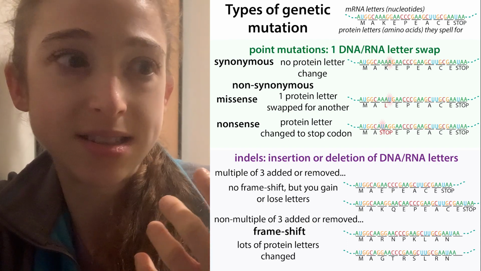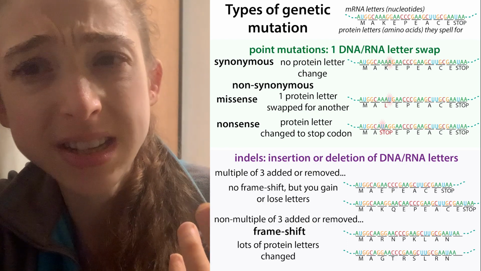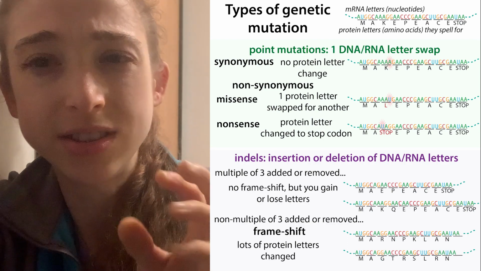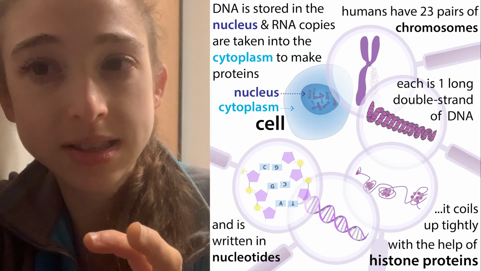Some of this is because it's not happening in those regions of the DNA that actually have instructions for making a protein. Sometimes it is, but it's still not consequential because it doesn't actually change the protein letter. Much more on this in other posts.